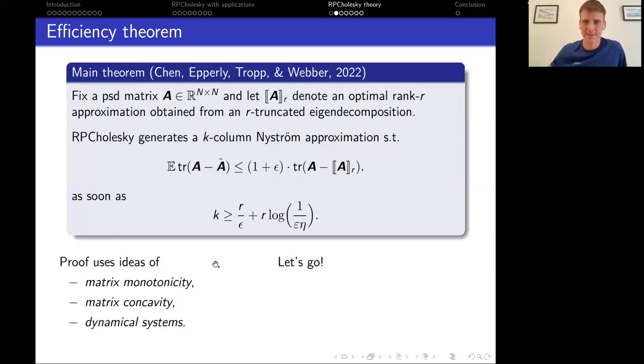The proof uses some standard strategies like dynamical systems, and then some pretty interesting linear algebra strategies called matrix monotonicity and matrix concavity. So let's go through the details together.